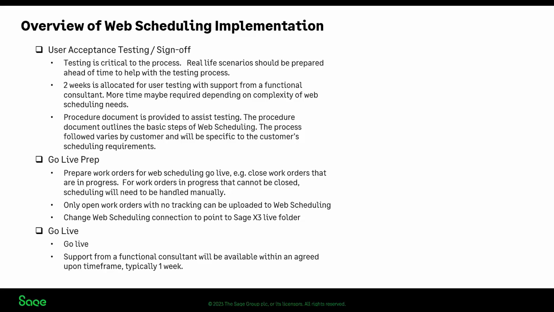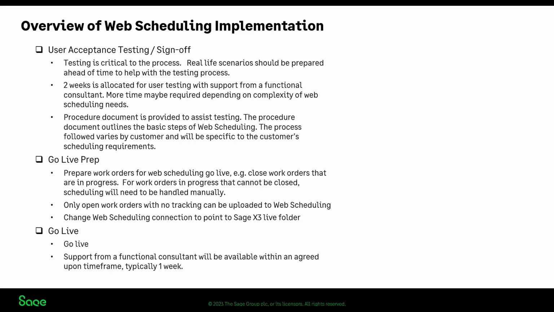Then we have user acceptance testing, very typical of a standard best practice implementation process. Very critical, as we all know, always the challenge, right? But it's a small scope in that it's just web scheduling that they're checking, but we do want them to send work orders over to web scheduling, check the movement of work orders, the changing of whatever they need to do the scheduling, and then bring that back into X3.